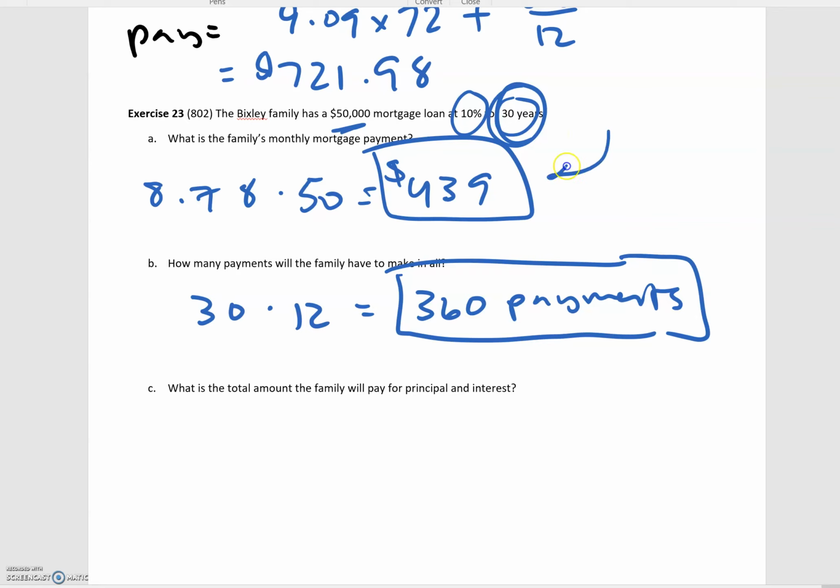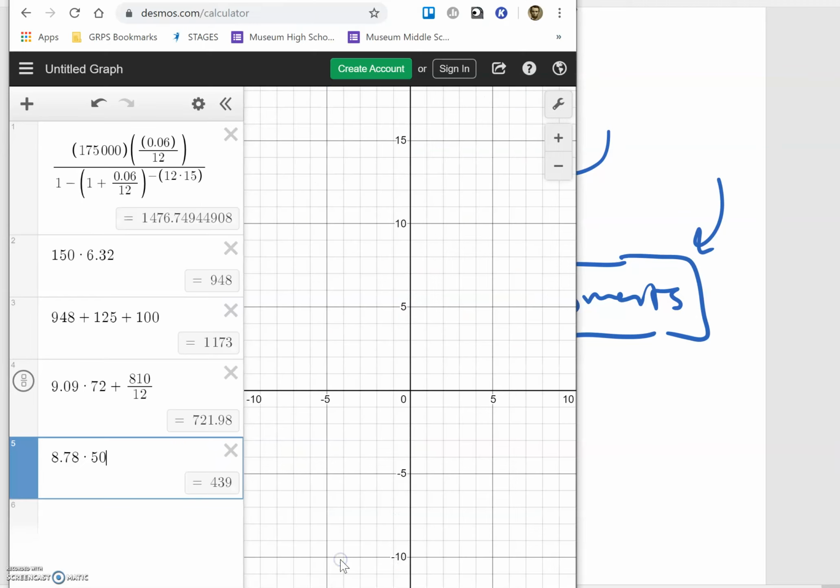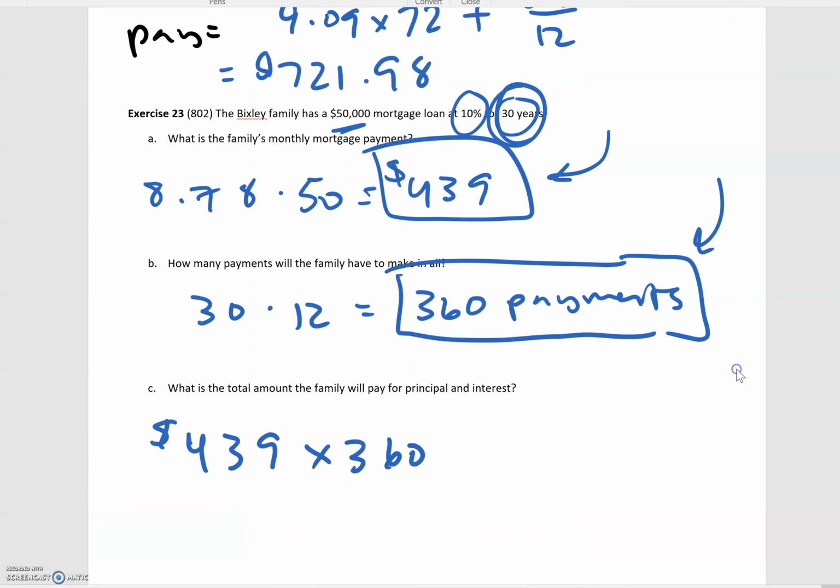We know this is their monthly payment, $439, and this is how many times they're going to be paying it, so to figure out the total amount, we're going to multiply those out. $439 times 360 payments means that their total pay is going to be $158,040.